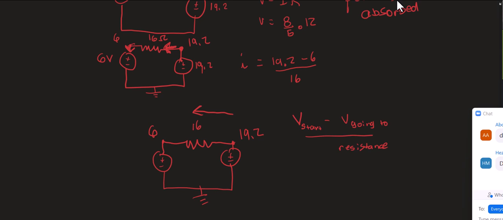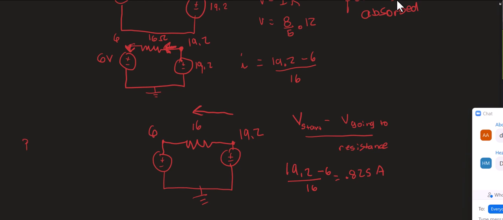It would just mean the current was actually going the other way. But I did it this way because I saw that that would be positive. So 19.2 minus 6 over 16, and that gave me 0.825 amps. So that is my current.